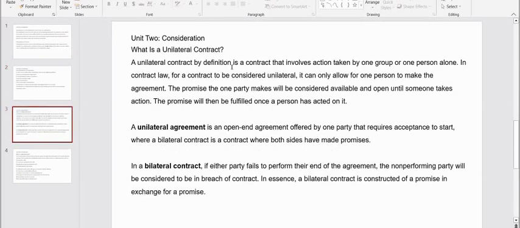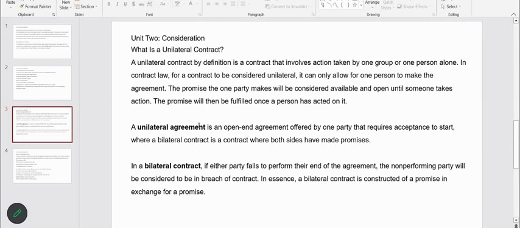Okay. So a unilateral contract, by definition, is a contract involving action taken by one group or one person alone. In contract law, for a contract to be unilateral, it can only allow for one person to make the agreement.